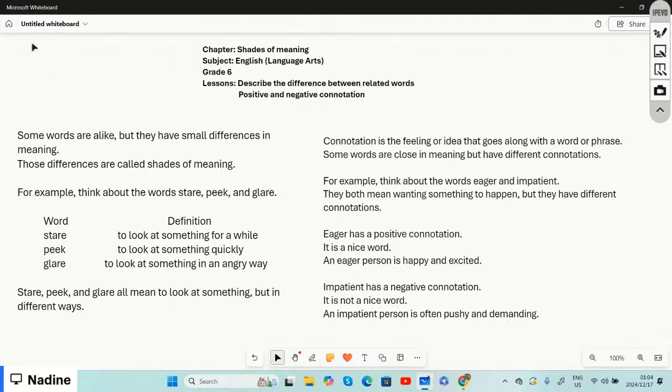We're doing grade 6. And the lessons that we are going to be focusing on under the chapter of shades of meaning is to describe the difference between related words, and we're going to say if it's positive or negative connotation.